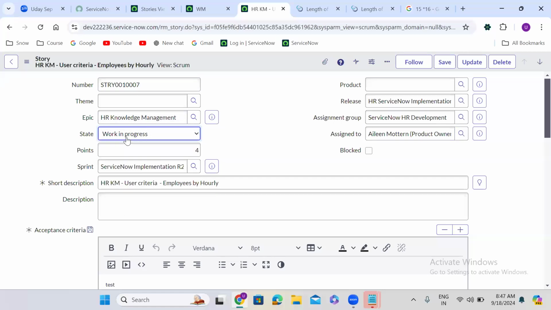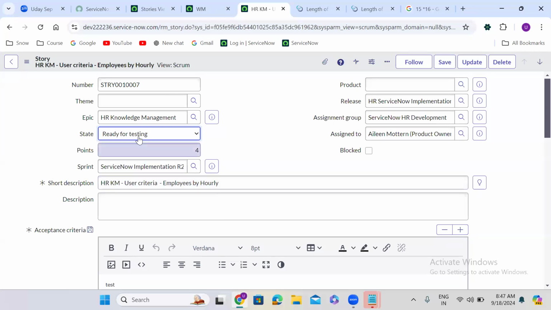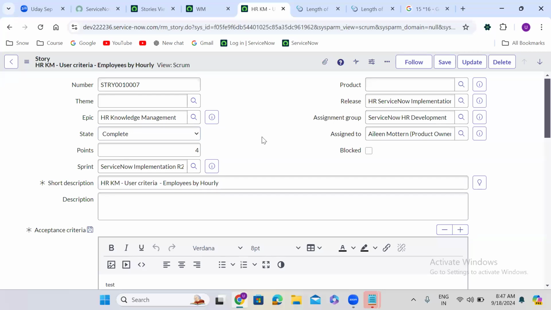When he starts working on this, he can keep it in work in progress. When he moves it to testing, you will keep it ready for testing. When it is in the testing phase, you will keep it in testing. Once a requirement is completed, you will complete it. That is how you will assign the requirements to the developers in the sprint planning meeting, guys.